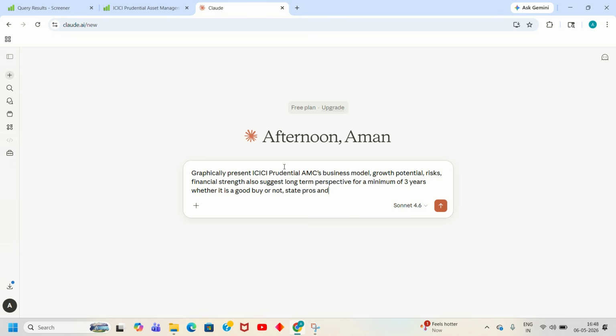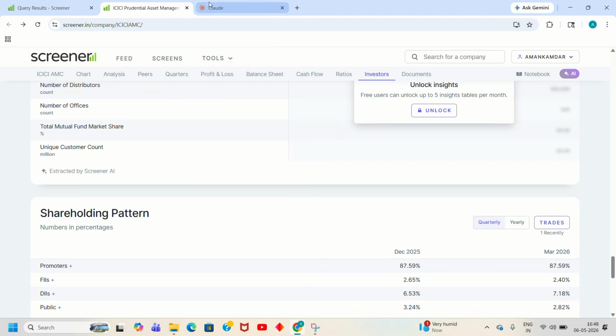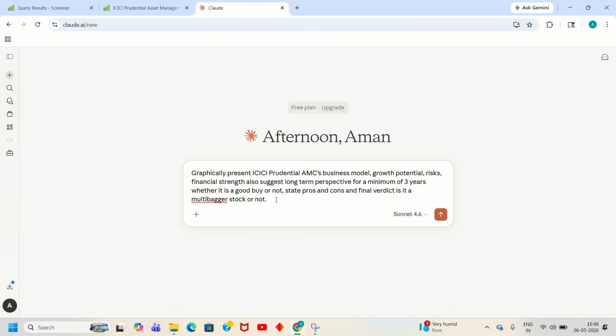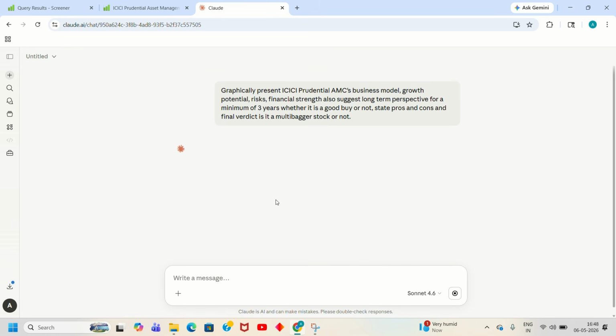State pros and cons, and whether it is a multi-bagger stock or not. So this is the prompt that we have entered. What we can do is cross verify the data that we had analyzed in Screener with Claude. So here we go.